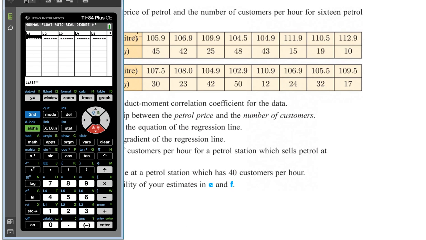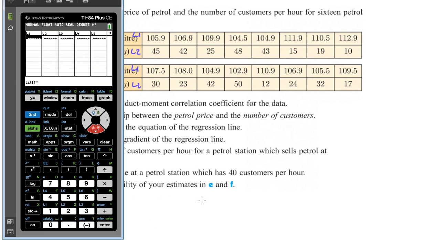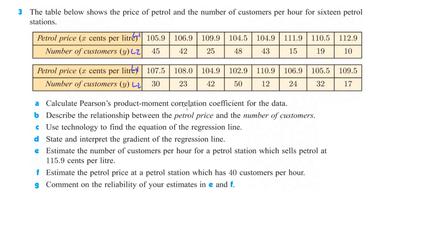So this will be up here, list 1, and this is list 2. This is the X and this is the Y. All right, so we're going to go through and enter all that data in. Okay, so we have all of our data in here. Now it says calculate Pearson's product moment correlation coefficient for the data. That's just the R value.